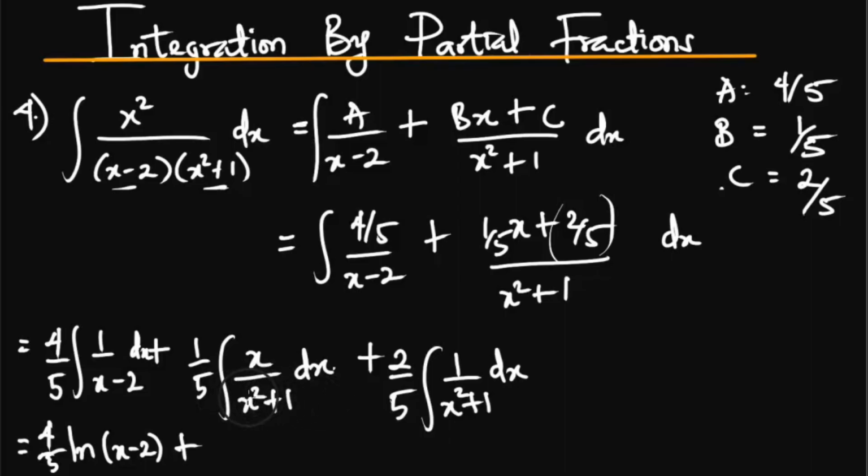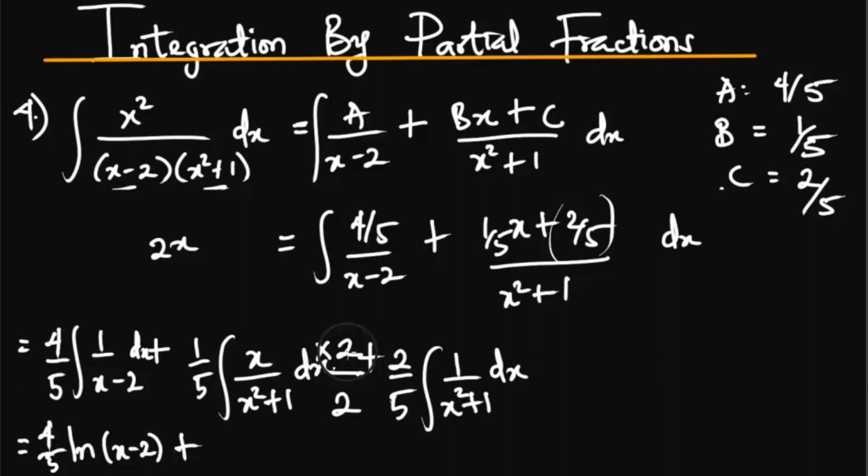So when I differentiate x squared plus 1, I'm going to have 2x. But in my numerator, I have x. So what can I do? I can manipulate. I can bring in something to make sure I have 2x in the numerator. So what I'm going to do is multiply my numerator and denominator by 2. So I have multiplied by 2 over 2. Okay, 2 over 2 cancels out, so it is mathematically correct.